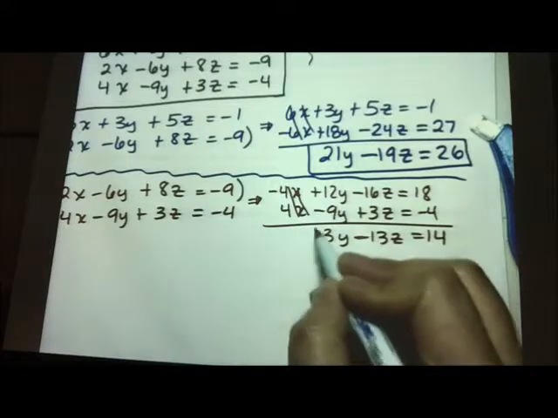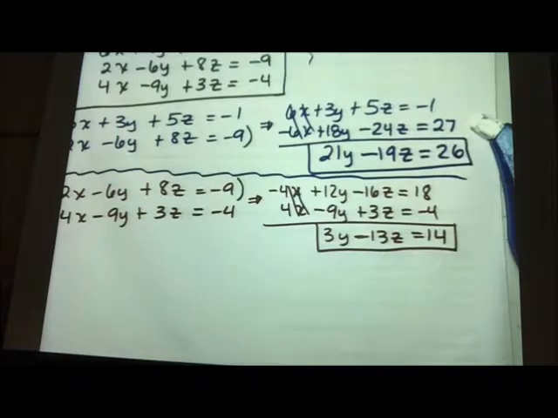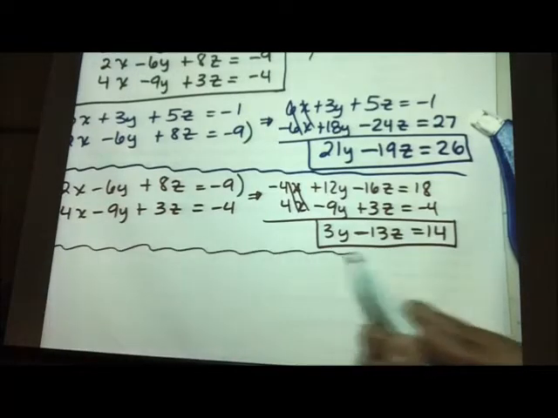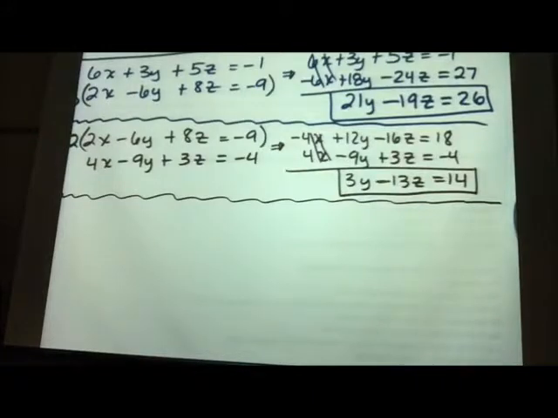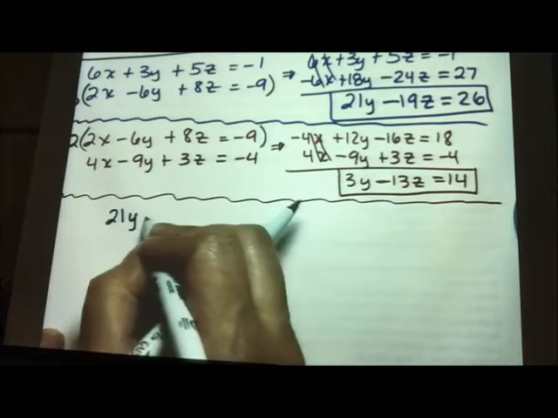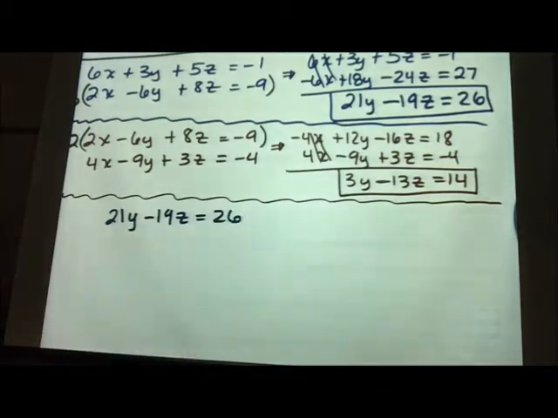So now I have my two equations with two variables. The first one I have is 21y minus 19z equals 26.